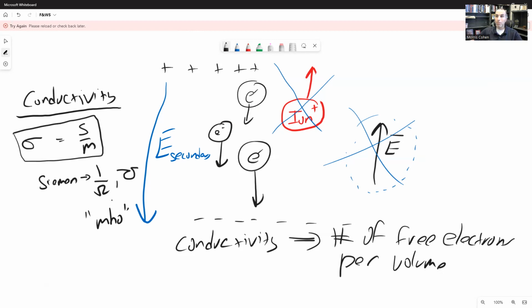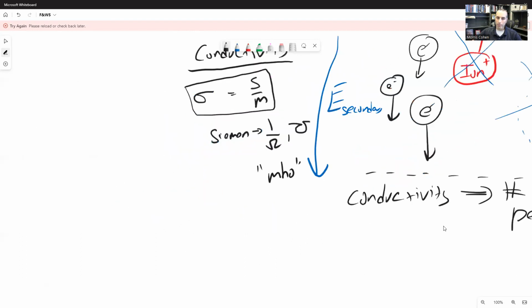So typically for metals in particular, the value of the conductivity is very high. For example, sigma tends to be about 10 to the 6th to 10 to the 8th Siemens per meter for metals.